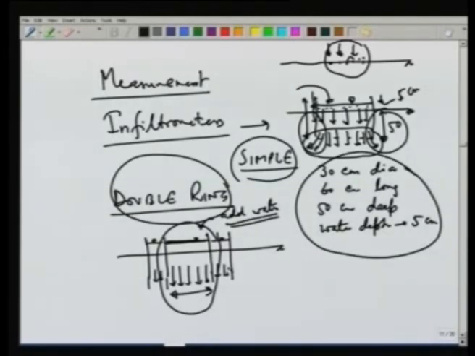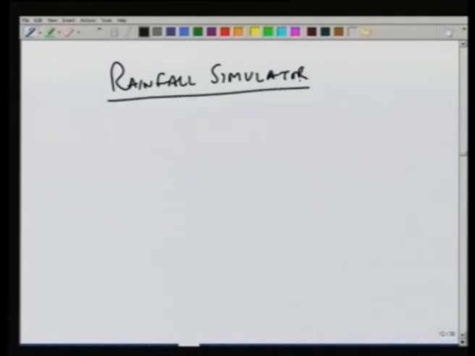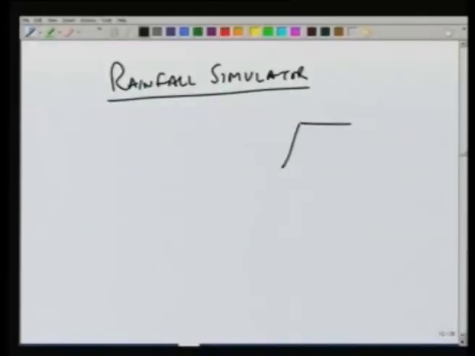Therefore, there is another method which is commonly used, although a little more expensive, known as the rainfall simulator. Similar to the field plot which we discussed for evapotranspiration, in which we carried out an experiment under controlled conditions, the rainfall simulator is also carried out under controlled conditions.